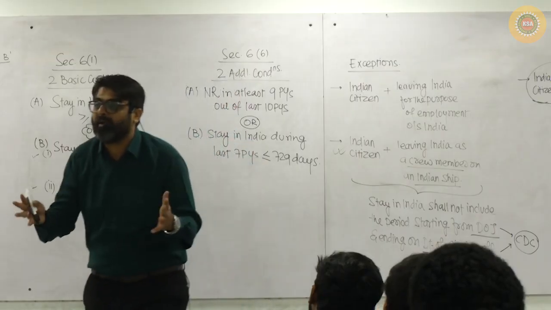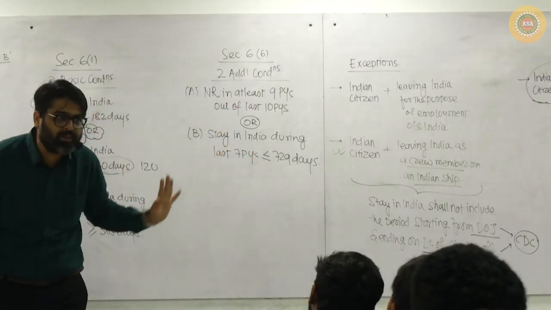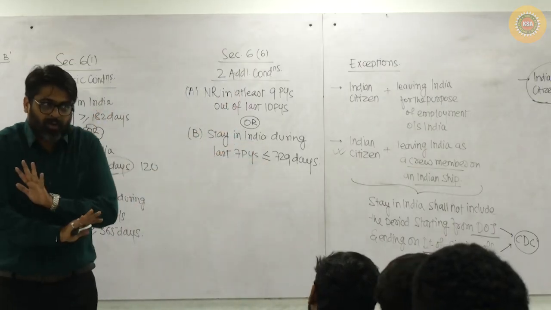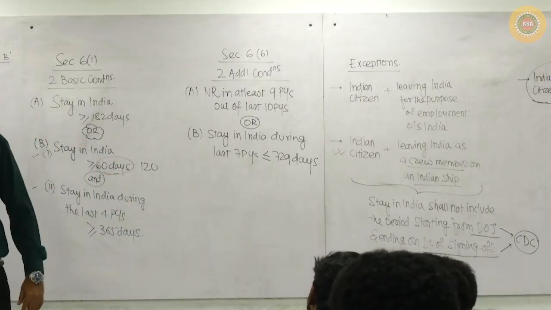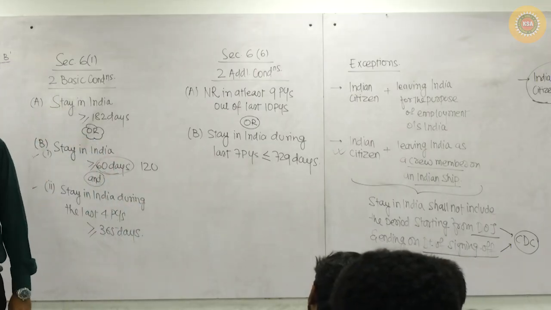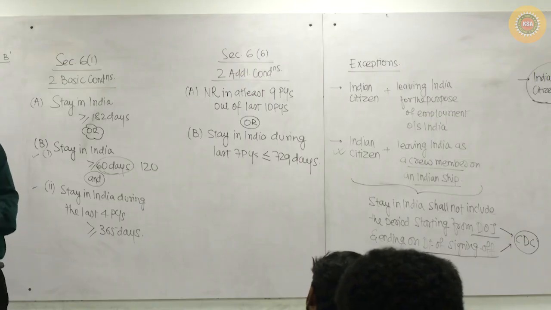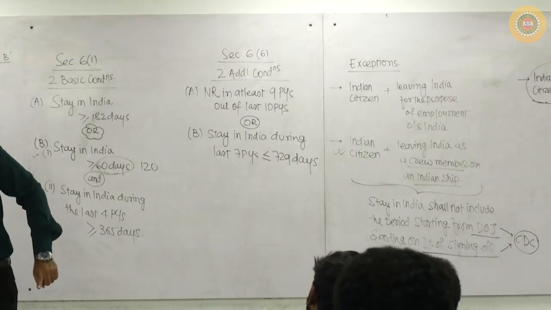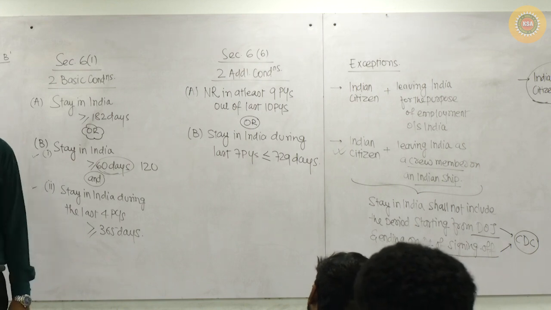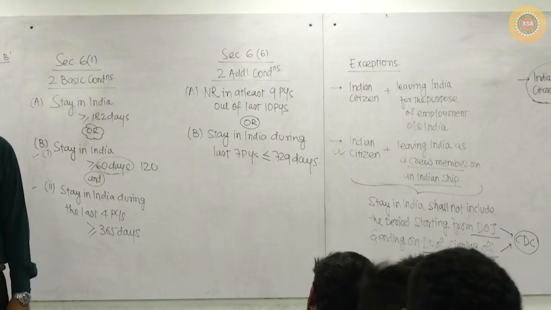If you are not able to grab any of these 2 chances, we will not call you RNOR. Definitely you will be treated as ROR. Then in that case, definitely your 2 conditions which you just now told me would have been satisfied automatically. Getting my point?